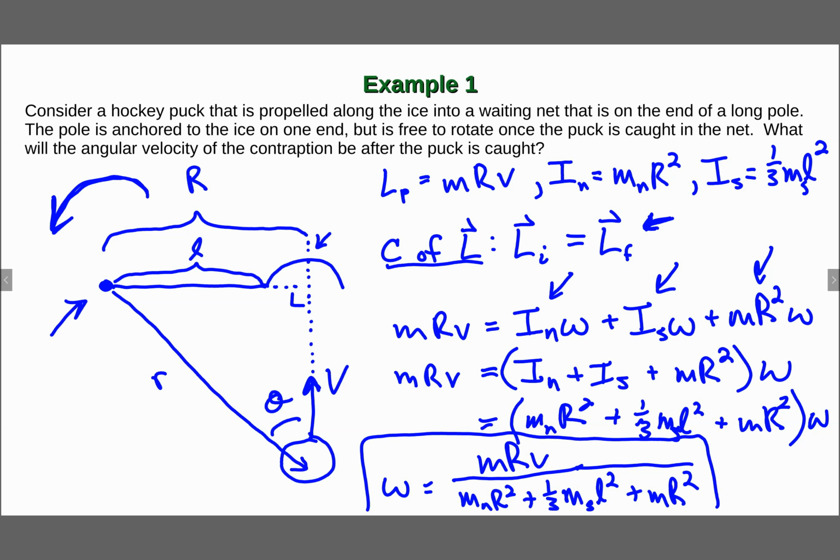So we can't generally just add things like this unless we're already taking care of the vector part of it by getting everything in reference to the same axis and the same direction. Okay?